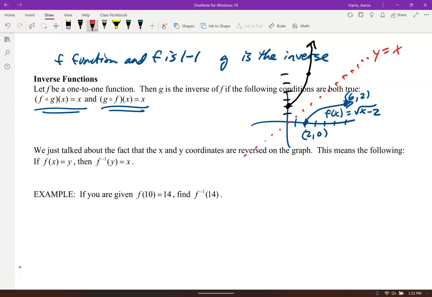In other words, when I run their composite, f of g of x, they undo each other and just leave you with x. Same thing when I do the other way around. If I go g of f of x, they'll undo each other and just leave you with x. Because they're mirror images about that line, the identity function y equals x. You see how they're reflective about that diagonal there?